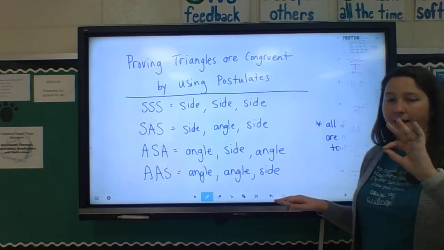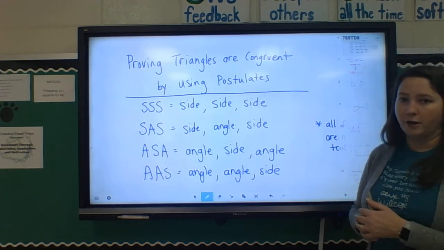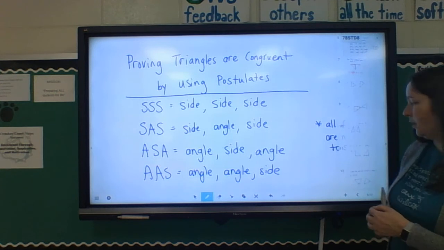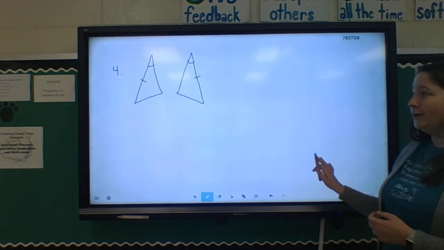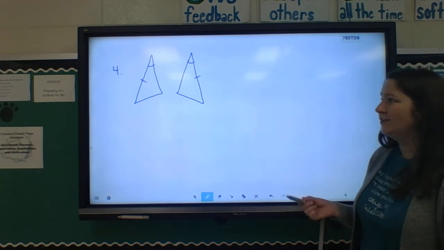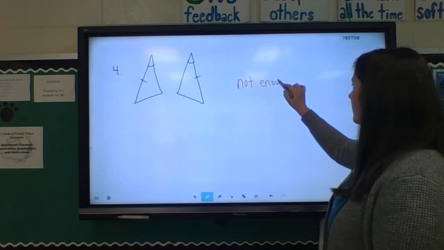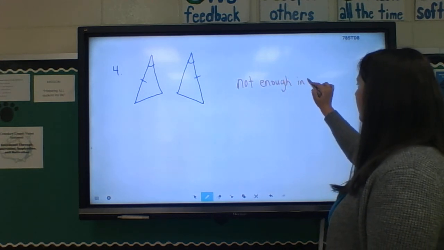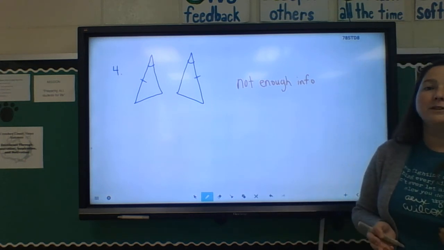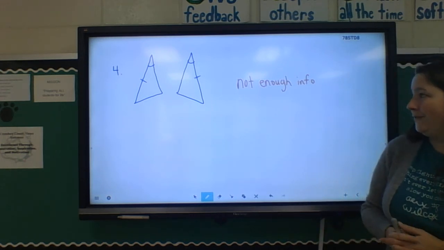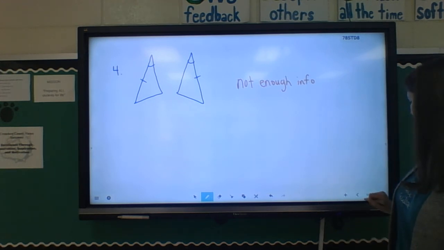You have to have 3 in order to use a postulate to know that these triangles are congruent. So whenever you only have 2, there's not enough information. We can't tell if these are congruent or not. If I had one more little mark, I'd be able to know, but I can't tell.